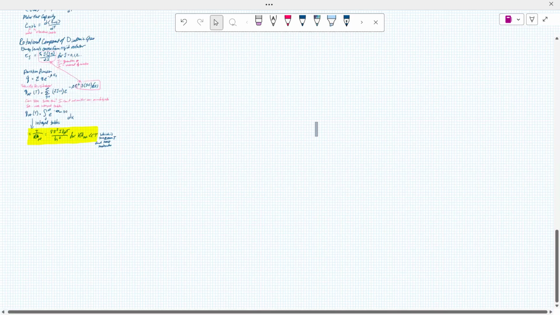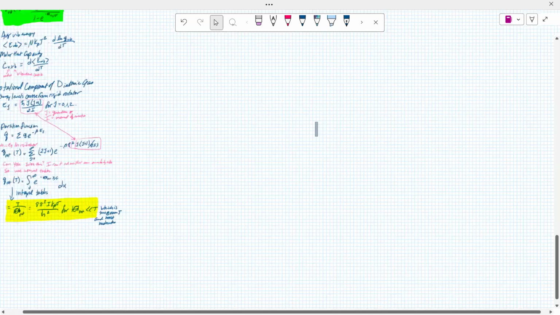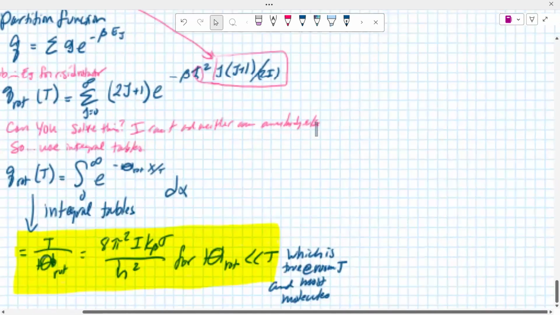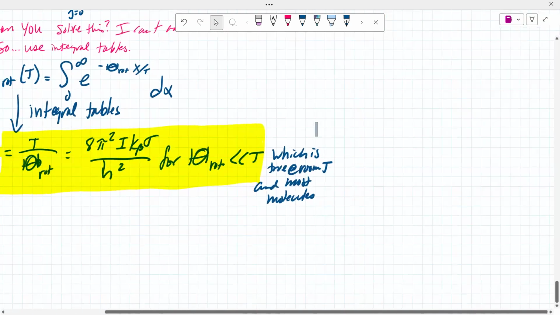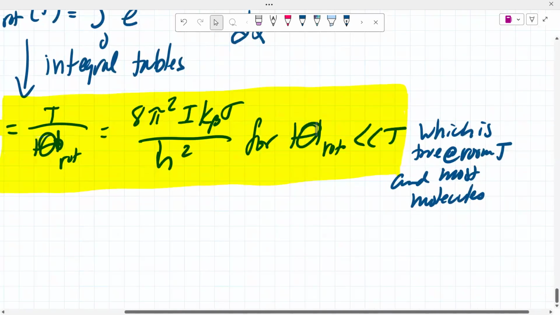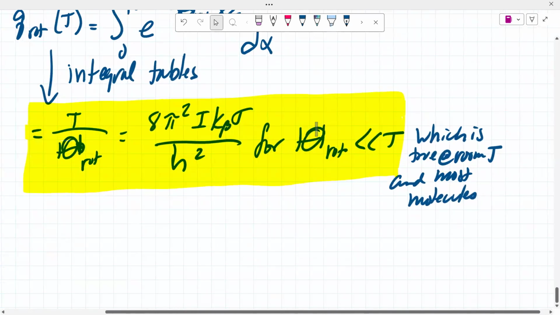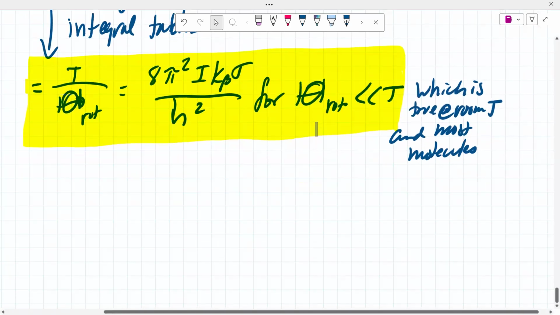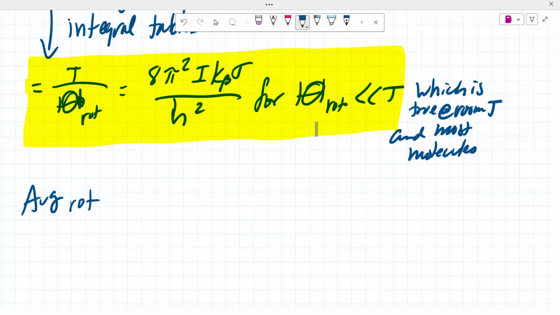Now what do you suppose is going to happen next? Well, same thing we did before. Now that we know the partition function, there are some interesting things we could solve for. Knowing the partition function, we can compute related properties. What do you suppose I'll calculate next? Can you guess? Average rotational energy.